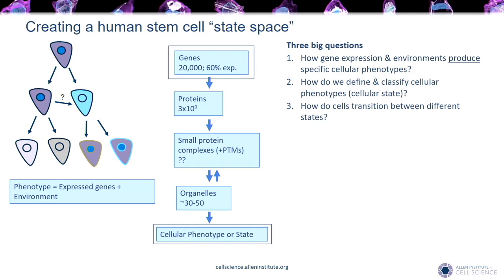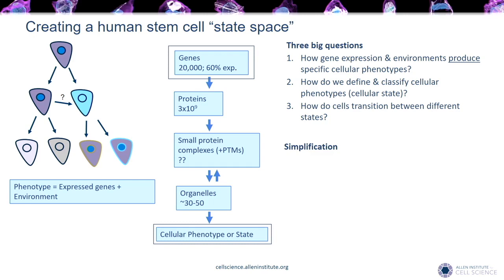So this can be quite complex and challenging, especially when we think that there's about 20,000 genes leading to about 3 billion proteins within a cell that all form small protein complexes and organize into organelles and cytoskeleton and structures to lead to this cellular phenotype or state.